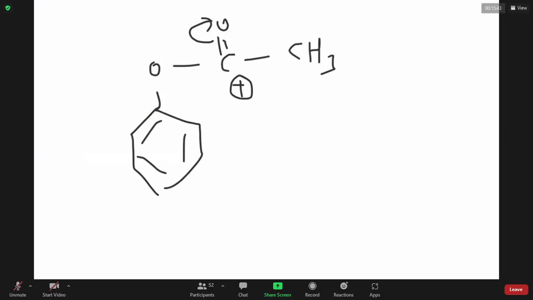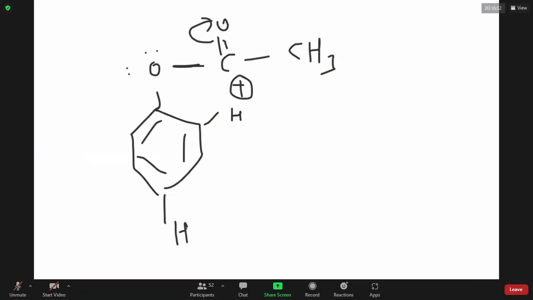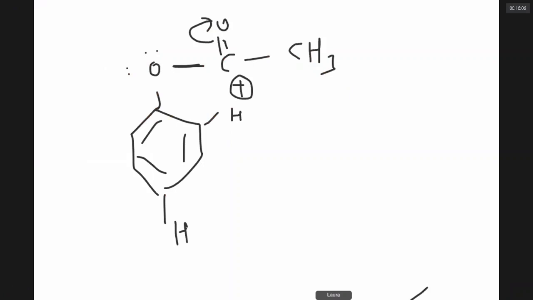When it gets plus charge, this oxygen doesn't want to give electrons. Why? Oxygen is more electronegative, right? Now, the hydrogen which is there in ortho position or the hydrogen which is there in para position will shift itself there.